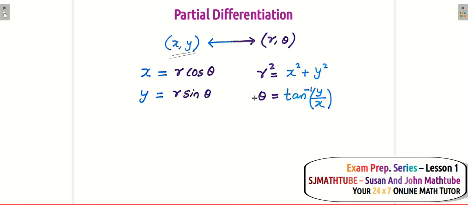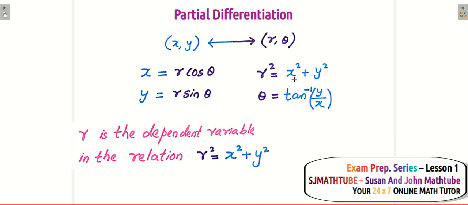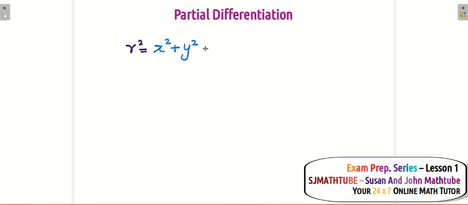Anyway, my point of interest in this video is different. We are learning partial derivatives, so let's check out this particular character. So I hope you can see that r is a dependent variable. r depends on both x and y. So let's learn how to differentiate this partially with respect to x and similarly with respect to y.